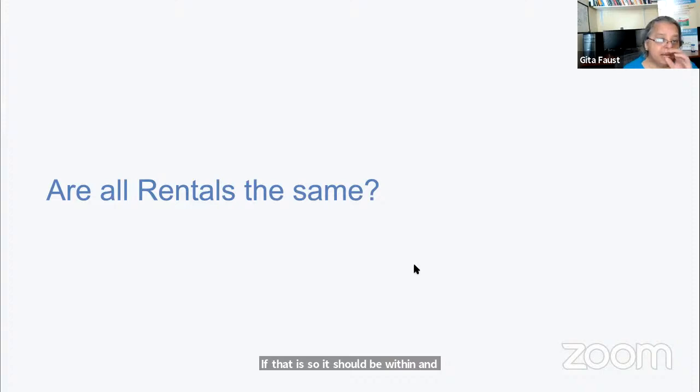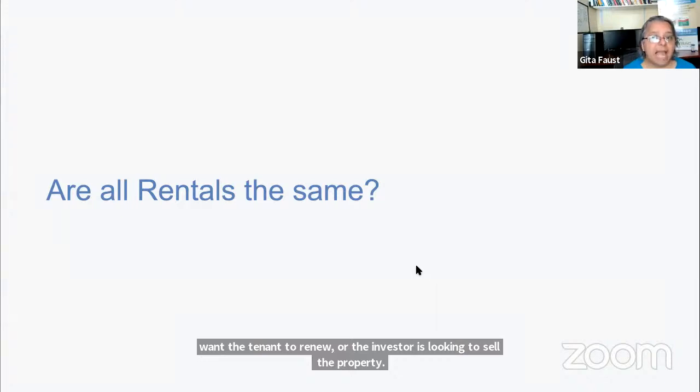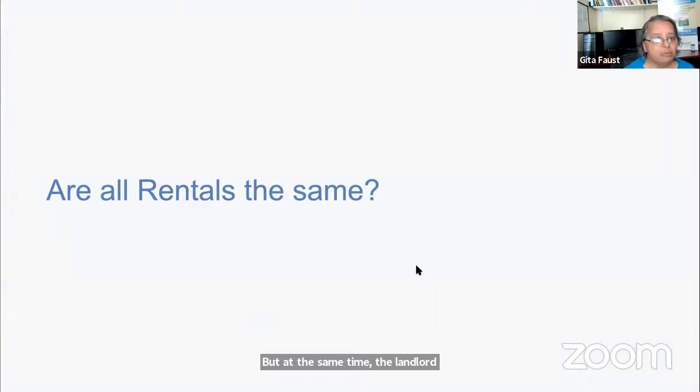This may be in the landlord's benefit if they do not want the tenant to renew or the investor is looking to sell the property. But at the same time, the landlord does not have the peace of mind they need to rent their unit on an annual basis. So you see how important it is to help the investor keep track of the lease termination date with the notice date in mind.